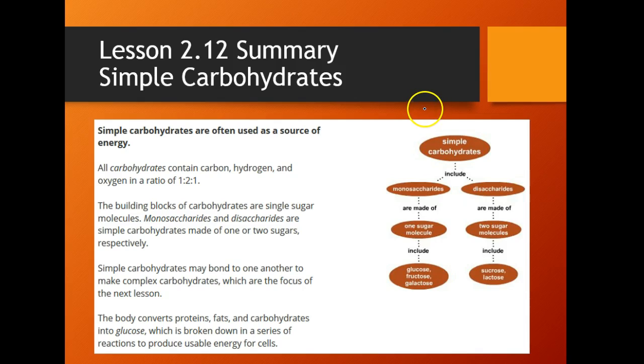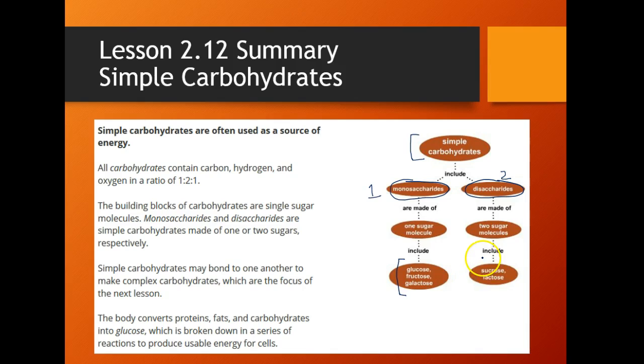Okay, so the summary of what we went over today for simple carbohydrates: we went over 2 different classes, monosaccharides, which is 1 sugar, and disaccharides, which are 2 sugar molecules put together via a chemical bond. Some examples of monosaccharides were glucose, fructose, and galactose.